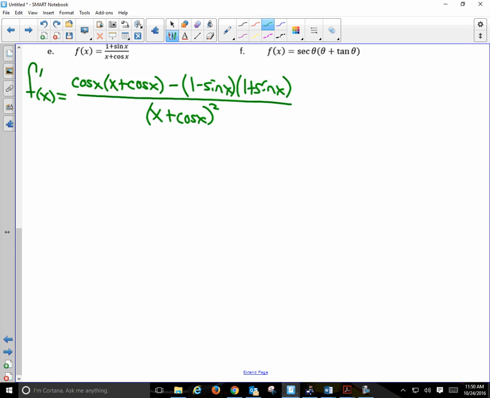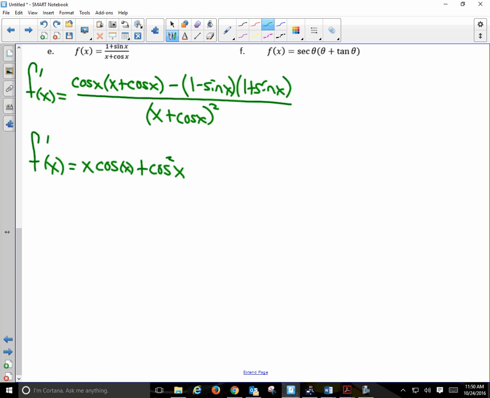Okay, something's going to cancel out here, but I won't know until I start distributing through. And we'll see who can pick up on it. You're going to have to remember some of your trig in order to get this correct. So I'm going to have x cosine of x plus cosine squared of x. And then if I take 1 minus sine times 1 plus sine, what am I going to get?